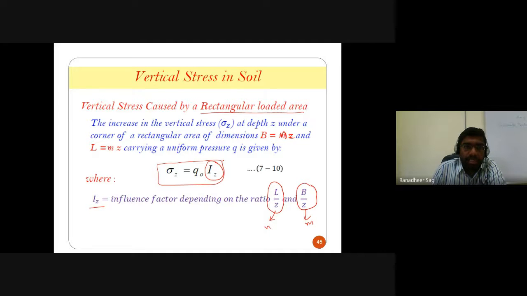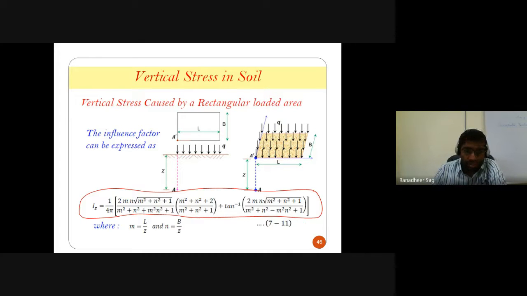L is nothing but m into Z. This L by Z ratio is what we represent as m, and the B by Z ratio is what we represent as n. So this influence factor is a very simple expression, and from that expression, if you want to calculate, you can still go on to calculate.